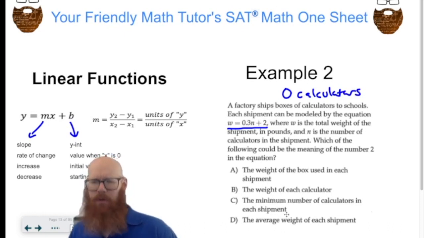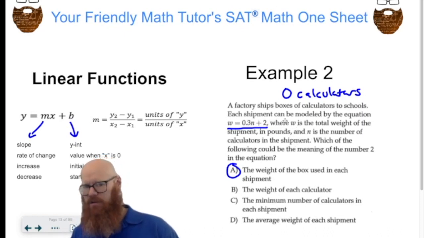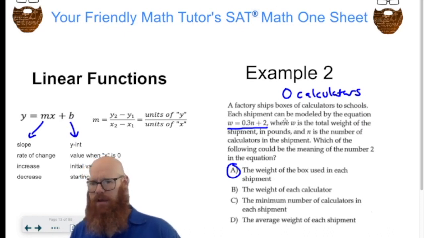The minimum number of calculators doesn't really make sense. And the average weight doesn't make any sense either. What ends up making sense is A, the weight of the box used in the shipment, because the shipment is the box and the calculators. If there's a box with no calculators, then the weight of the box is the weight when there are 0 calculators.